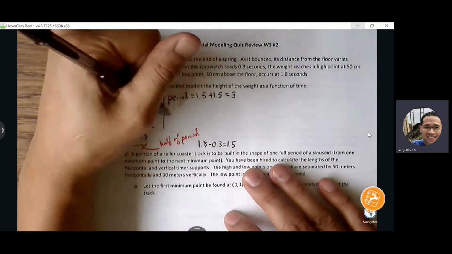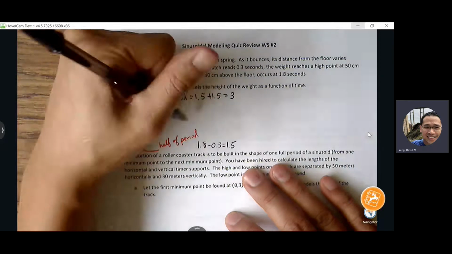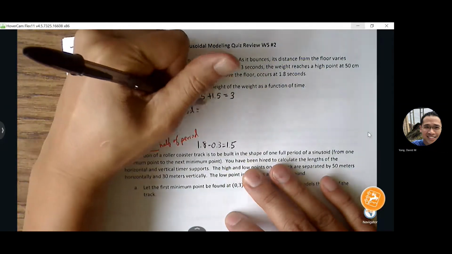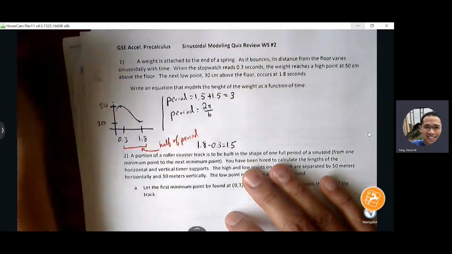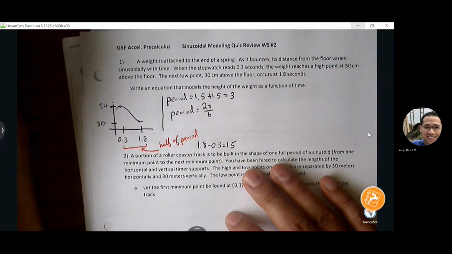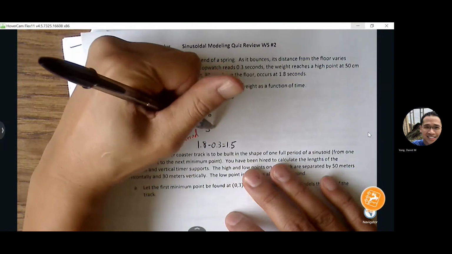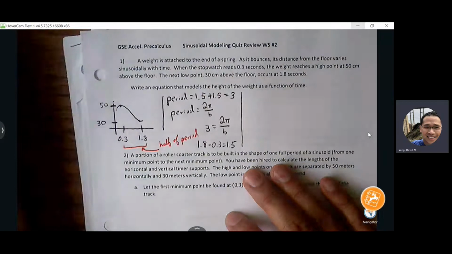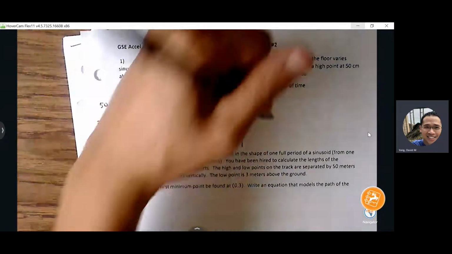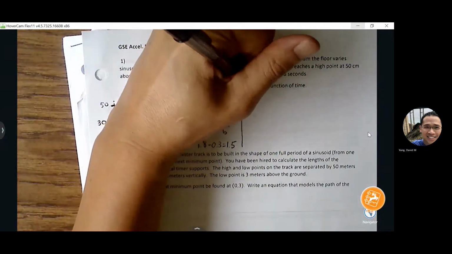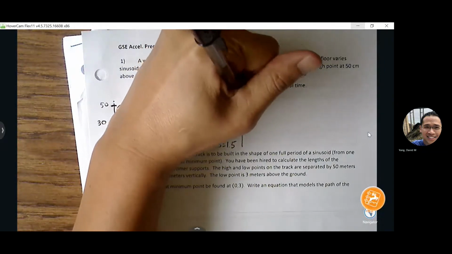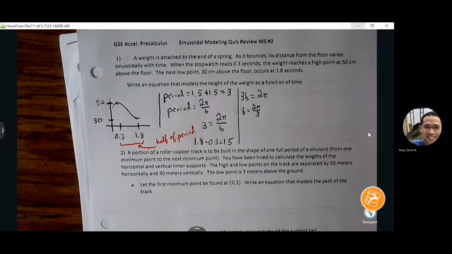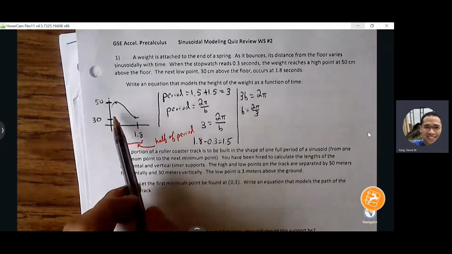From there, I can work towards getting to my B value. Cross multiply. Okay, that's my B value.